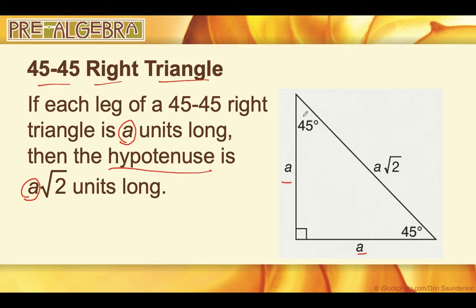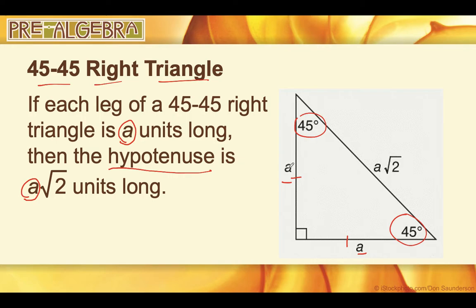Again, we have to have a 45, 45, 90 degree angle, which means a right isosceles triangle. That's the first thing.